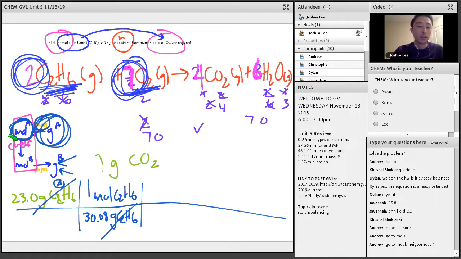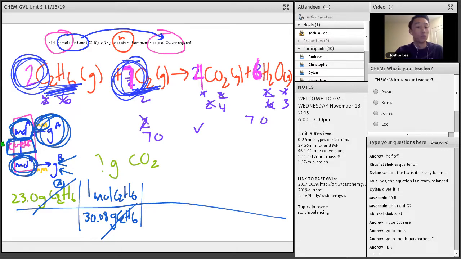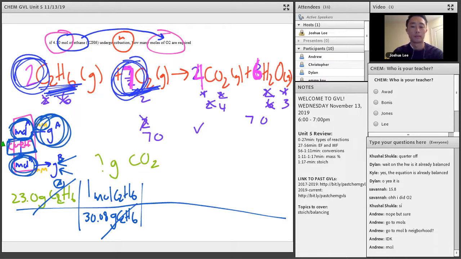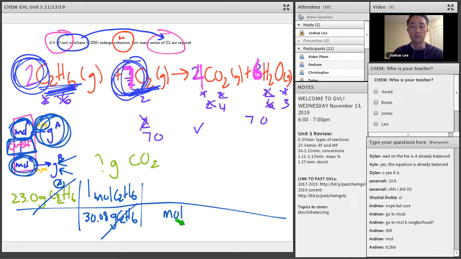So, Andrew, in order to do that, what do I have to use? You don't know. So let's talk about it. So first off, what unit do I want to get rid of in this case? Moles of what? Remember, you have to be specific. Yeah, C2H6.